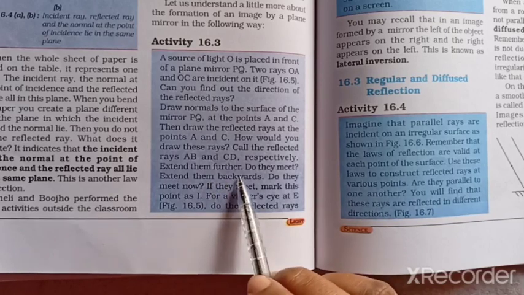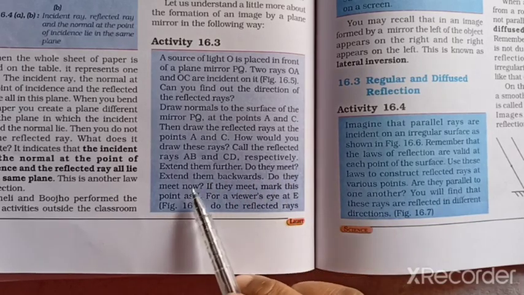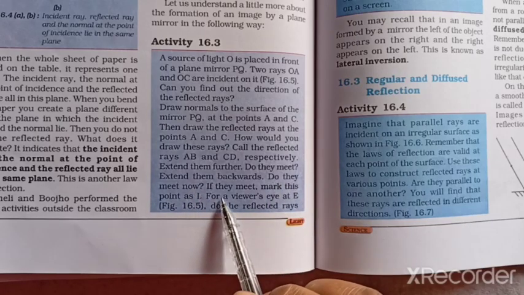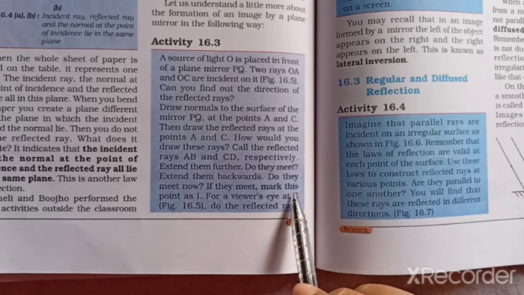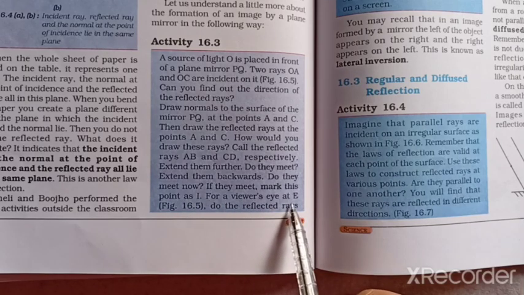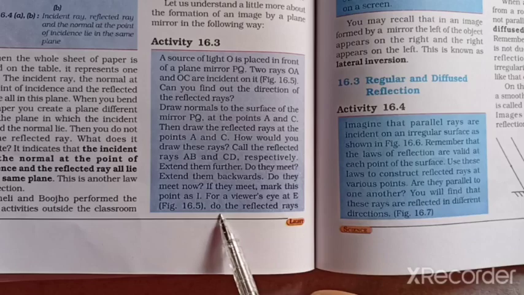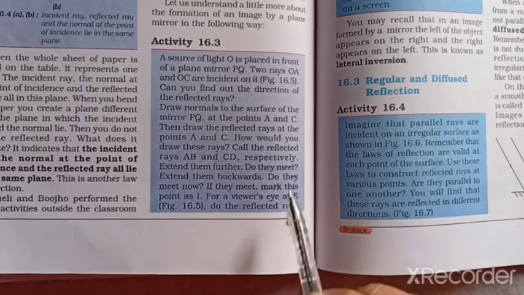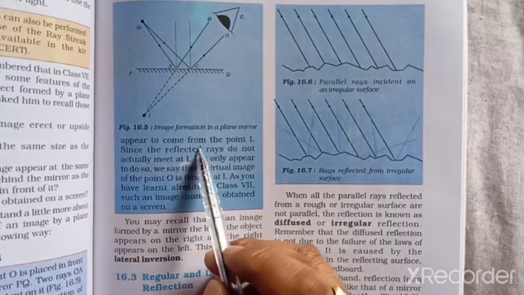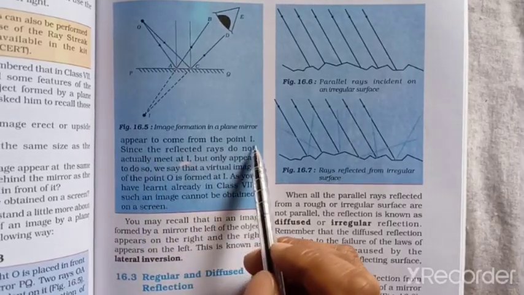Extend them further. Do they meet? Extend them backward. Do they meet now? If they meet, mark this point as I. For a viewer's eye at E, figure number 16.5, do the reflected rays appear to come from the point I?